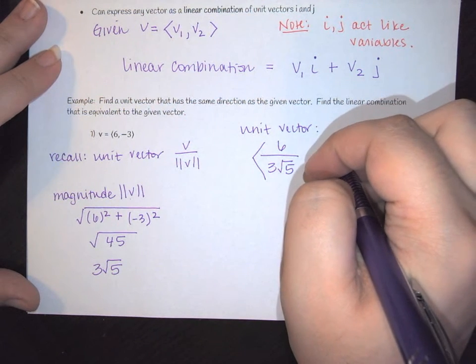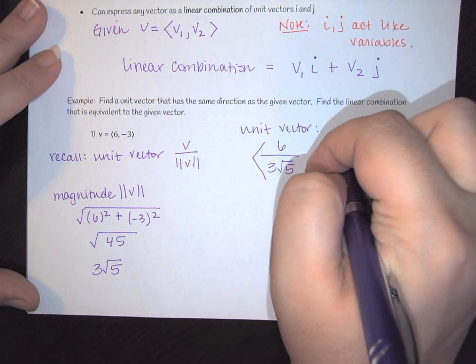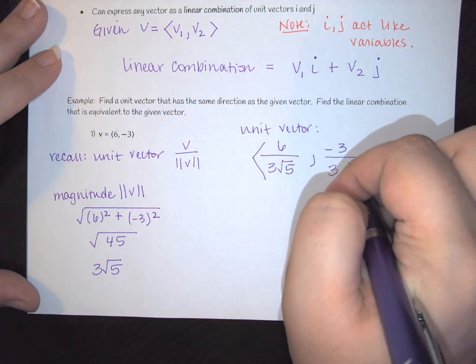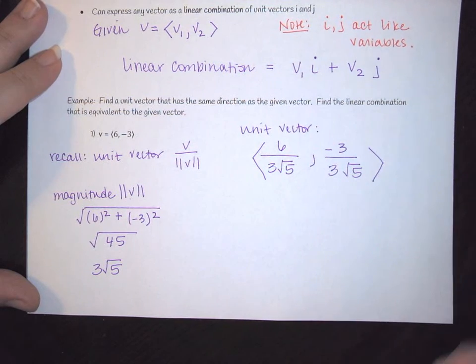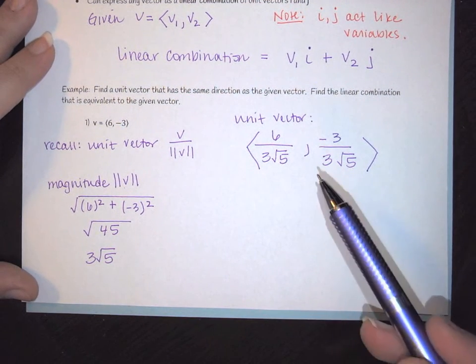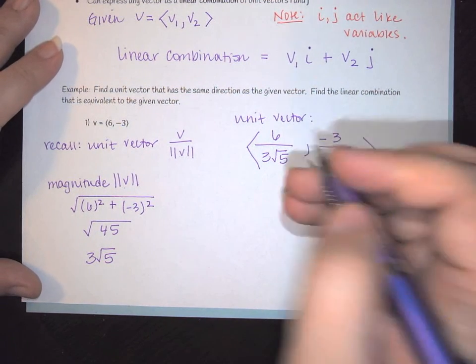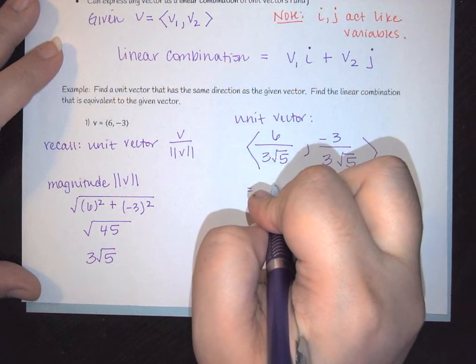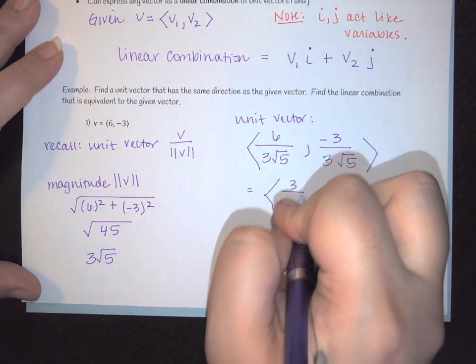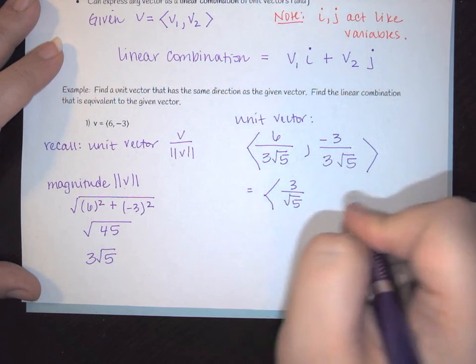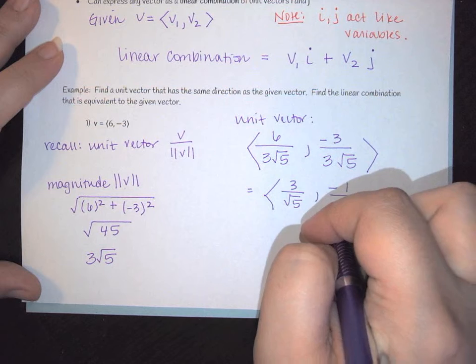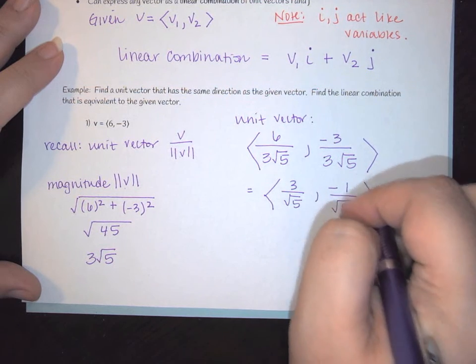So we're going to have our v2, which was negative 3, and we're going to divide that by 3 square roots of 5. So with that, we have to just simply reduce the fraction, and so in this case we would get that our unit vector is 3 over the square root of 5, and then we're going to have negative 1 over the square root of 5.